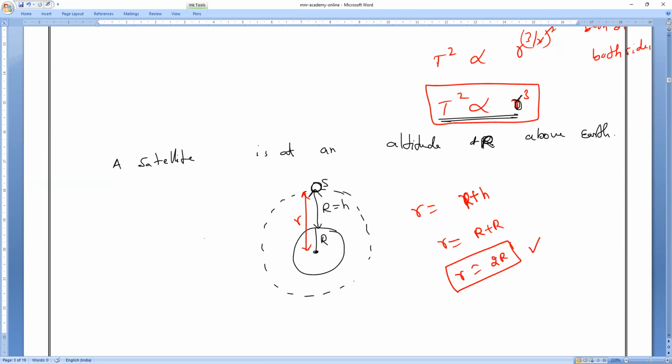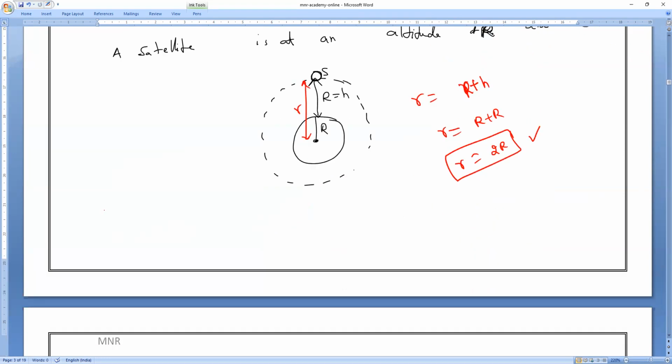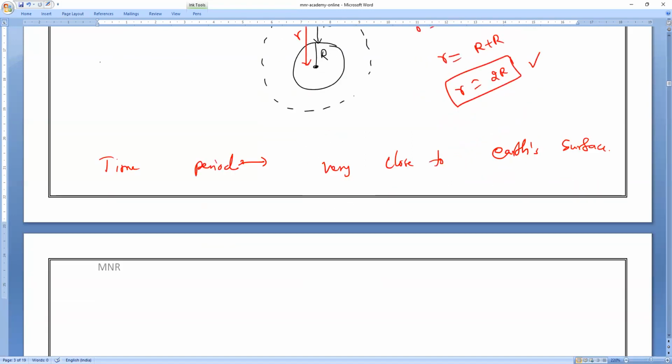So that is what you have to remember. Now, what is the time period if the satellite is moving closely towards the earth surface? Most of the satellites that countries like India launch revolve around the earth very closely.